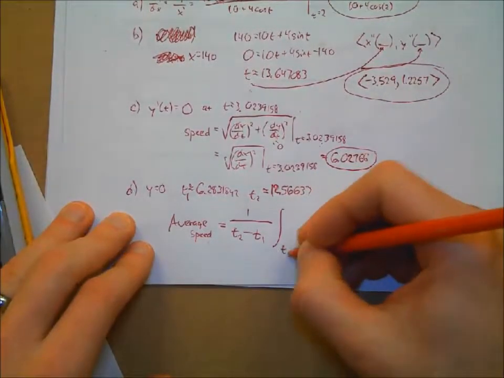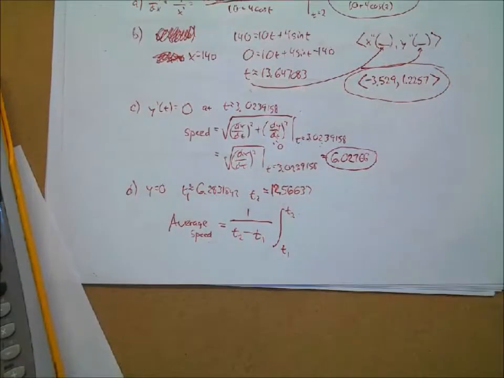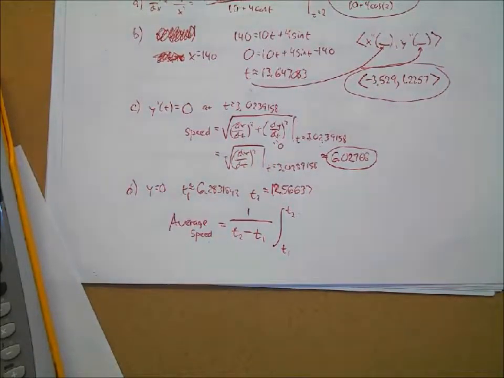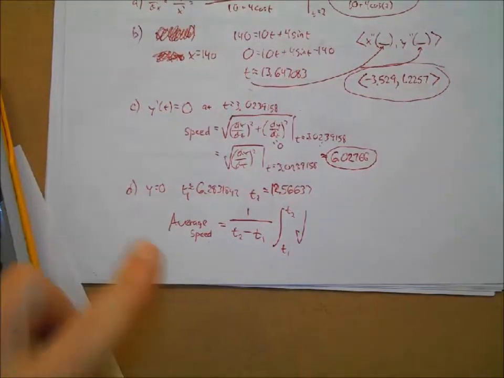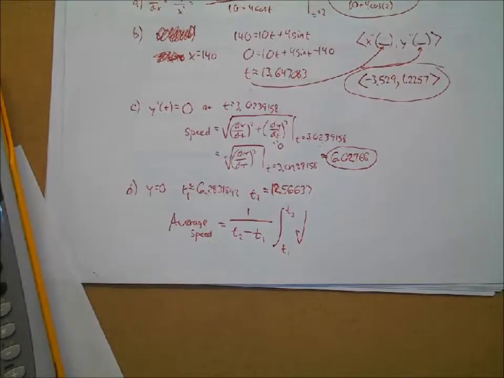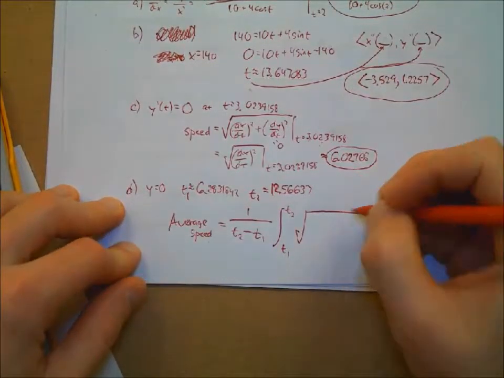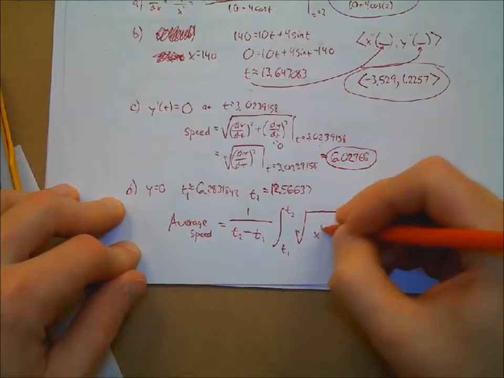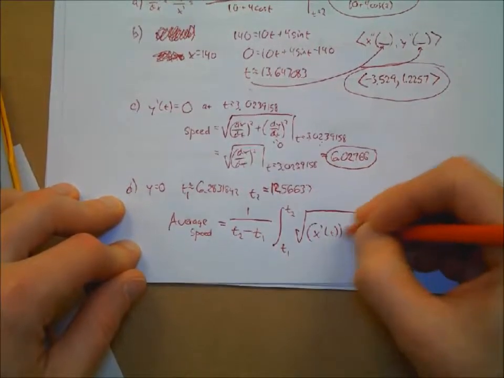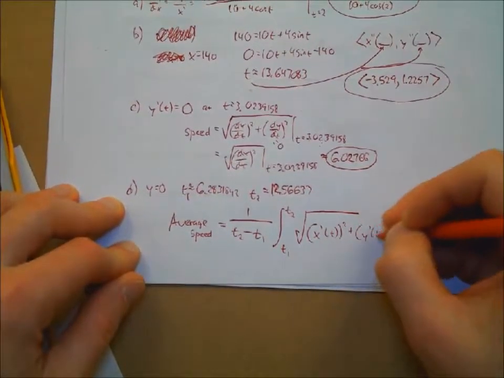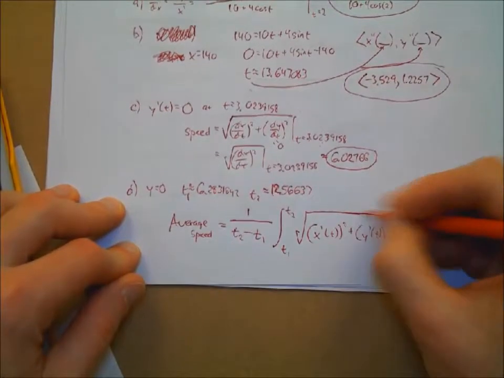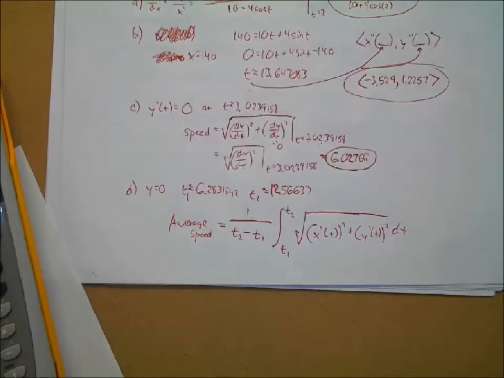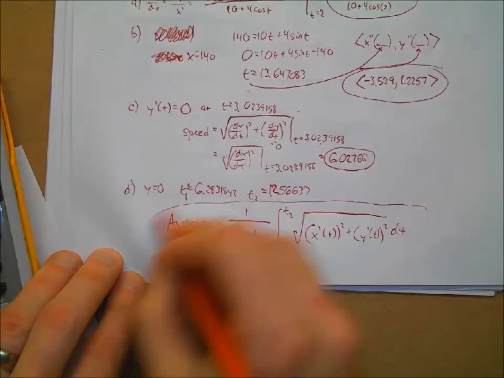Integral from T1 to T2 of, so we're going to integrate the speed, right? Speed, if you remember, is the square root of, in this case, x prime of t squared plus y prime of t squared, dt. And there's our setup for the average speed.